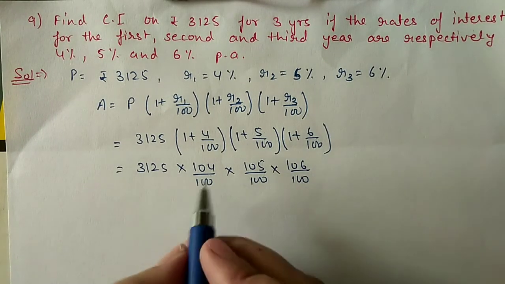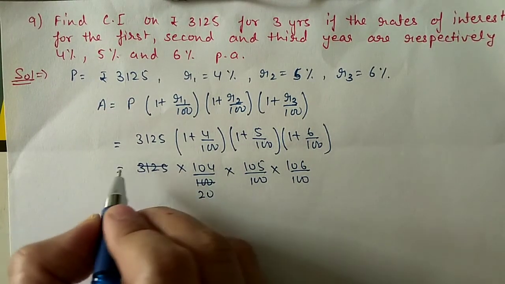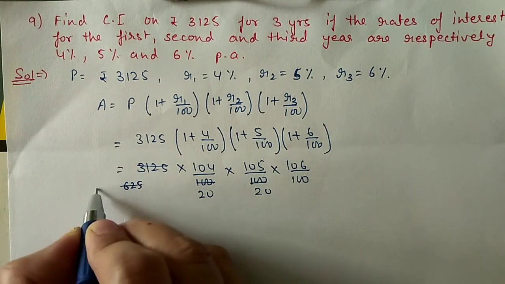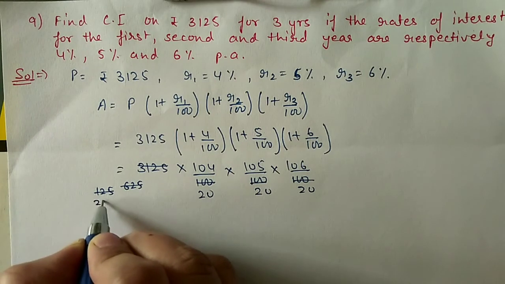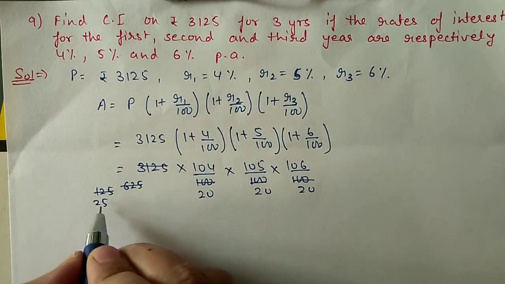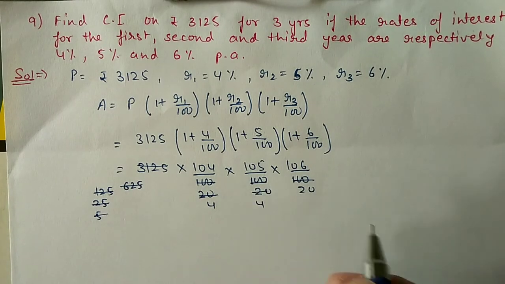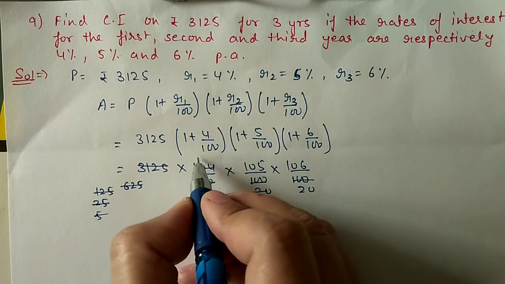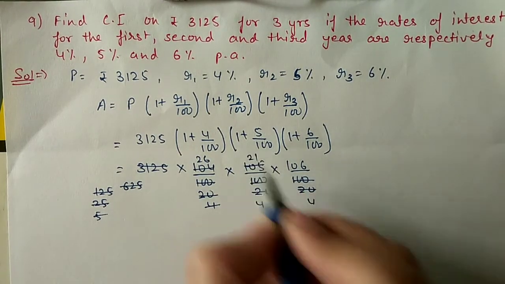We can cancel with the 5 table: 5 times 625, then 5 times 25, again 5 times 5. You can cancel 5 four times and 5 four times. Then with 4 we can cancel out, 4 times 26 and 5 times 4, 5 times 21.